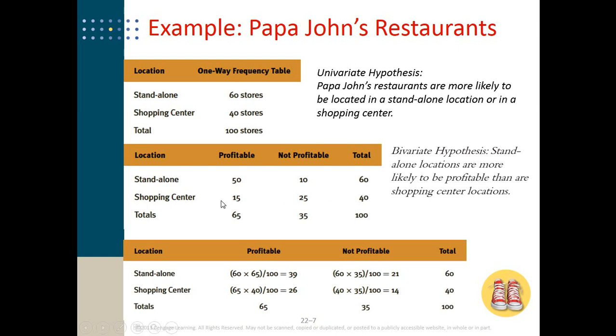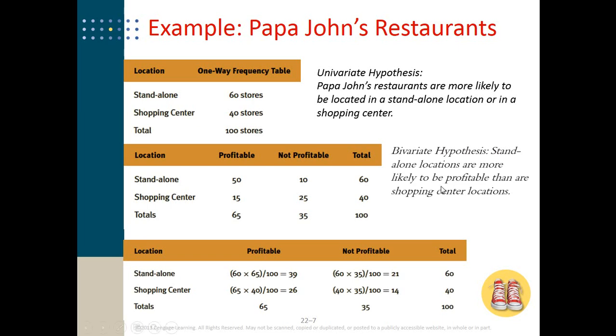And of the 40 stores located in shopping malls, 15 out of 40 are profitable and 25 out of 40 are not profitable. So in total, 65 are profitable and 35 are not profitable. You understand that initially we had only one variable, location, and now two variables: location and profitability.